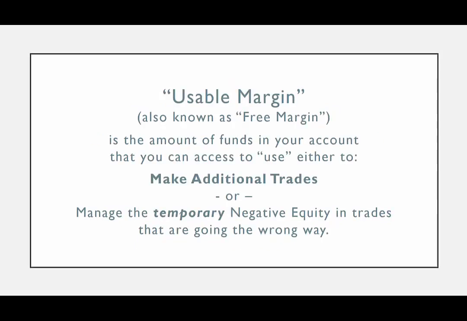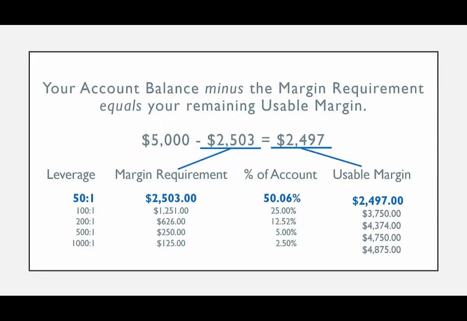Usable margin, also known as free margin, is the amount of money in your account that you can access to use either to make additional trades or to manage the temporary negative equity in trades that you might have that are going the wrong way. Your account balance minus the margin requirement equals your remaining usable margin.